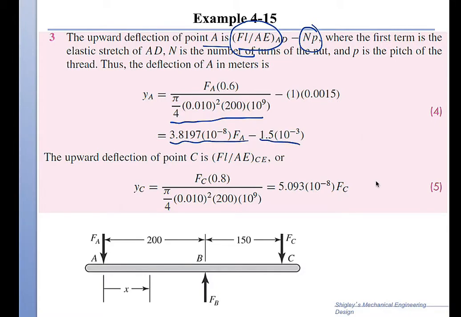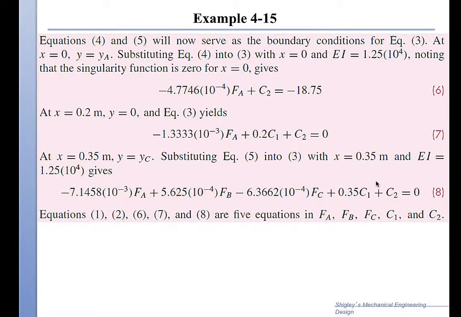However, for point C, the nut has not been turned, and therefore the deflection is just in terms of the force. So that completes the story, and I can now set up 3 boundary conditions: at x equals 0, y equals the deflection yA; at point B, y is equal to 0; at point C, y equals yC, and that gives me another equation.